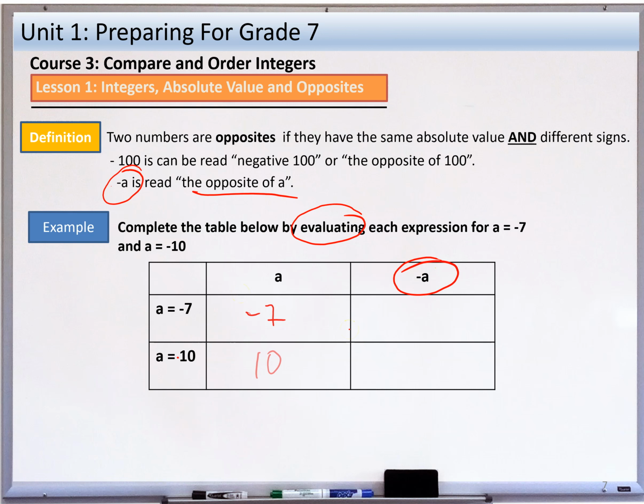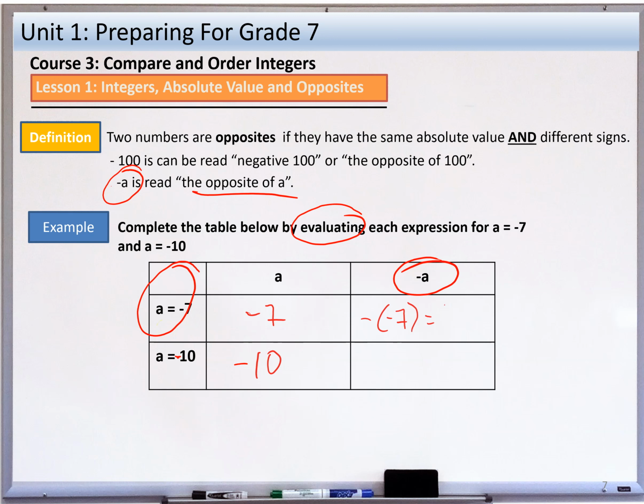Did I do that one next? Nope, did this one next. So that should be a negative 10. So when A is negative 10, there should be a negative sign there, then A is equal to negative 10. But what's the opposite of A when A is equal to negative 7?